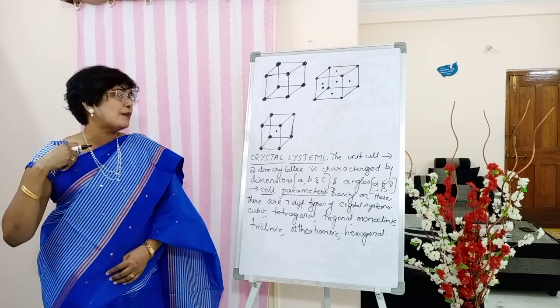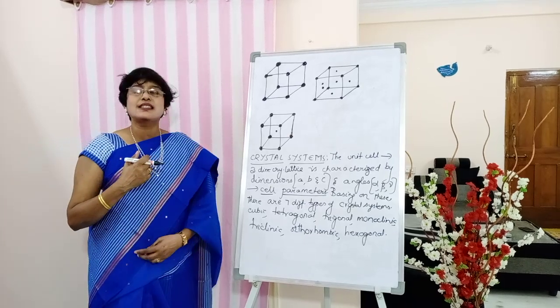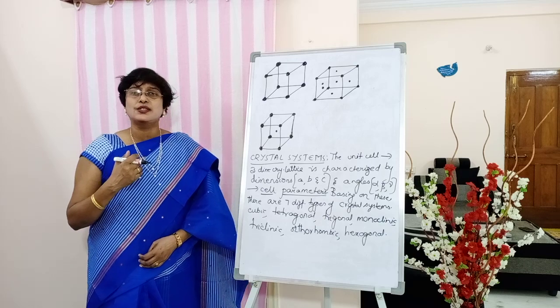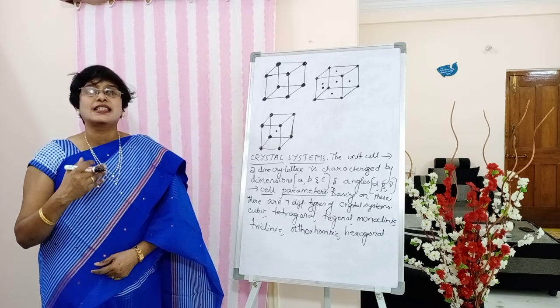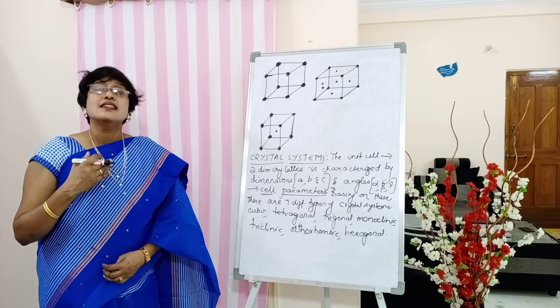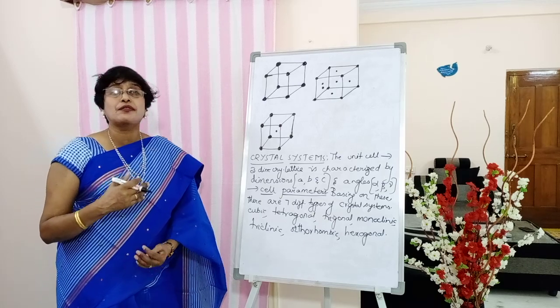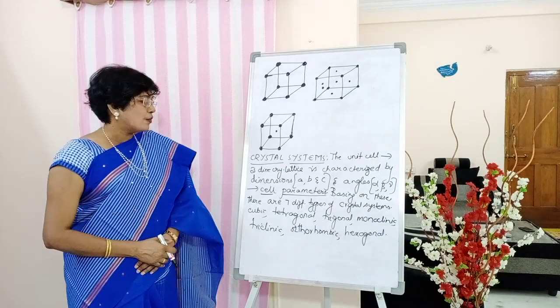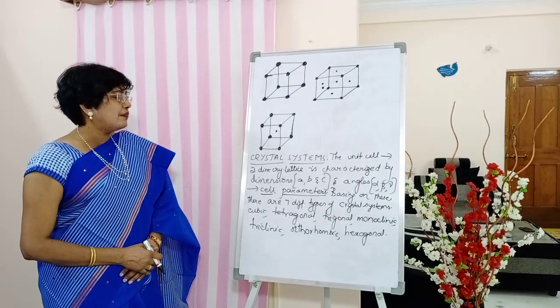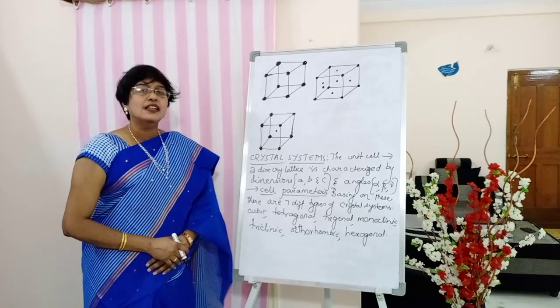Based on these cell parameters, it was observed that there are 7 crystal systems, out of which we know the cubic crystal system.